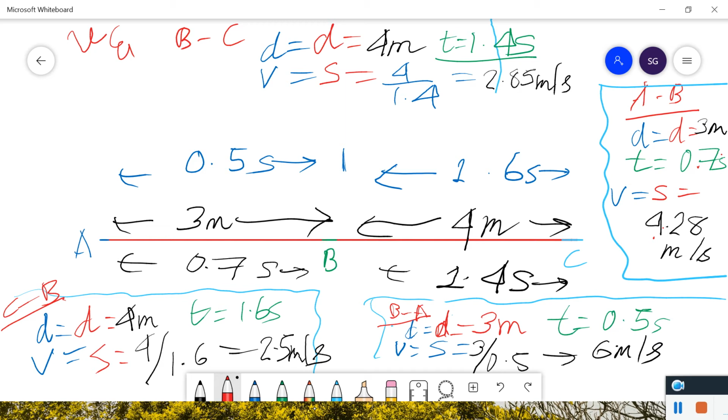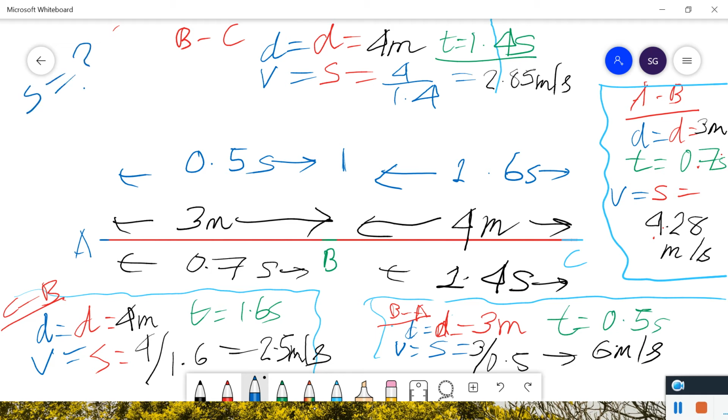Let's say this we have done the analysis. Now I am talking about question. What if it comes? We have to find out the speed.